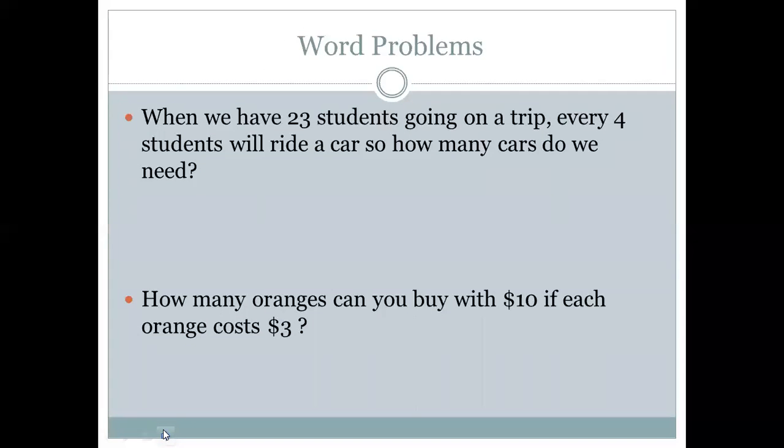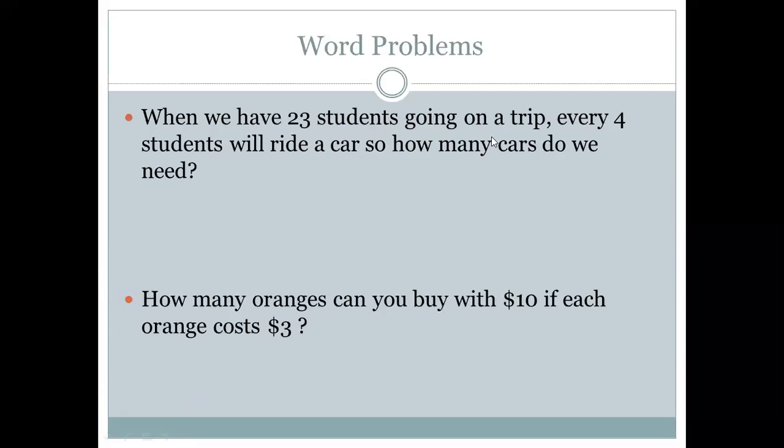Good job. Now, as for the word problems, let's read this. I'm going to give you 5 seconds to read each question, and I want you to think of the answer. When we have 23 students going on a trip, every 4 students will ride a car.